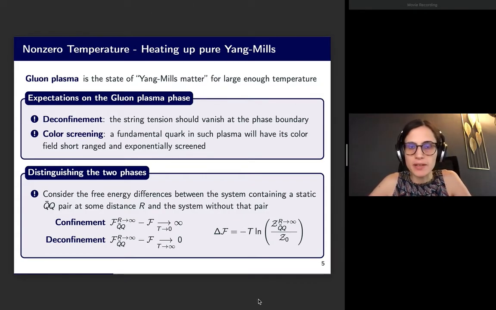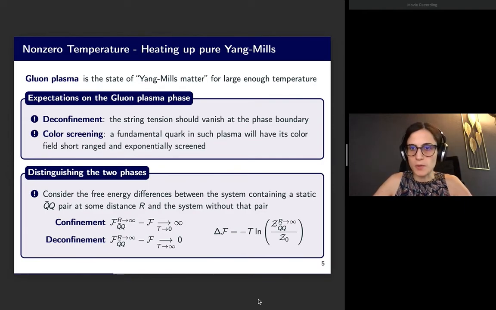And now let's abandon the low T limit and talk about what happens when we heat up pure Yang-Mills. What happens is that you go from this confined phase into a so-called gluon plasma phase. This is the state of Yang-Mills matter for large enough temperature. What are the expectations on this gluon plasma phase?